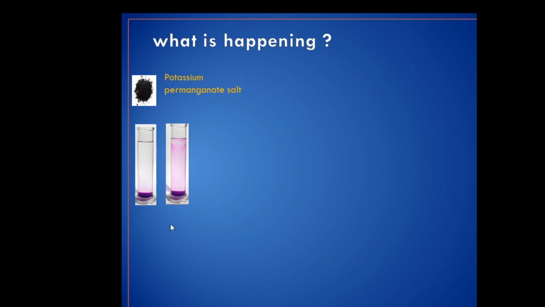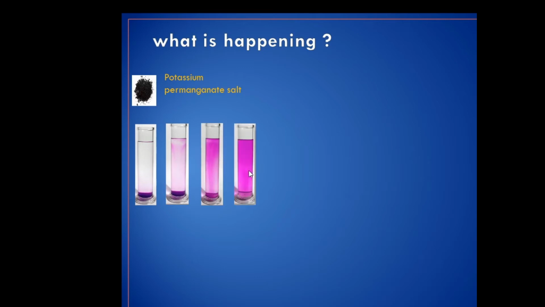So now if you keep this for some time, what happens? The salt which was present in a high concentration at one place slowly starts moving up, right? You can see the change in color. And after some time, you can see a further increase in the movement of the molecules.